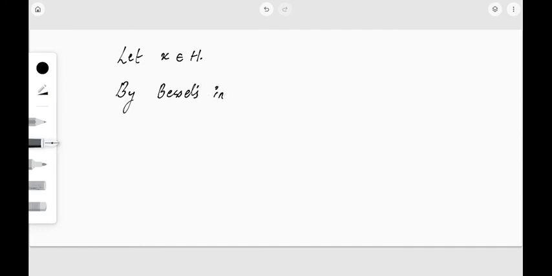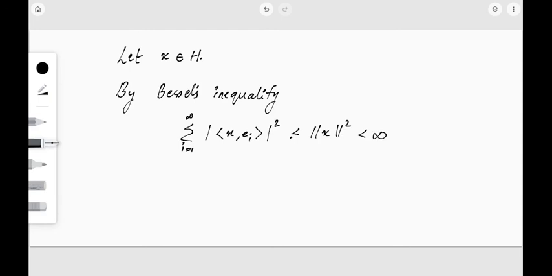We have summation i equal to 1 to infinity, mod inner product of x and e_i, whole square, is less than or equal to norm x square. The norm is a finite value, so this is finite. This is our Bessel's inequality.